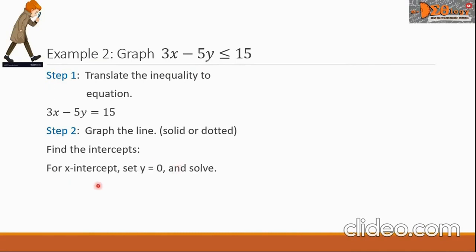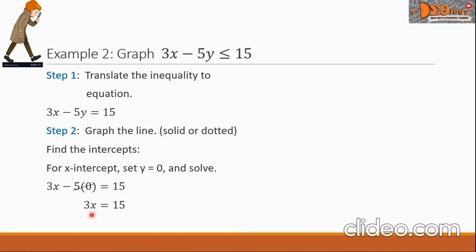For x-intercept, we set y equals 0 and solve. So the equation now becomes 3x minus 5 times 0 equals 15. We can simply cancel this 5 times 0, and only 3x equals 15 comes down on the next line.